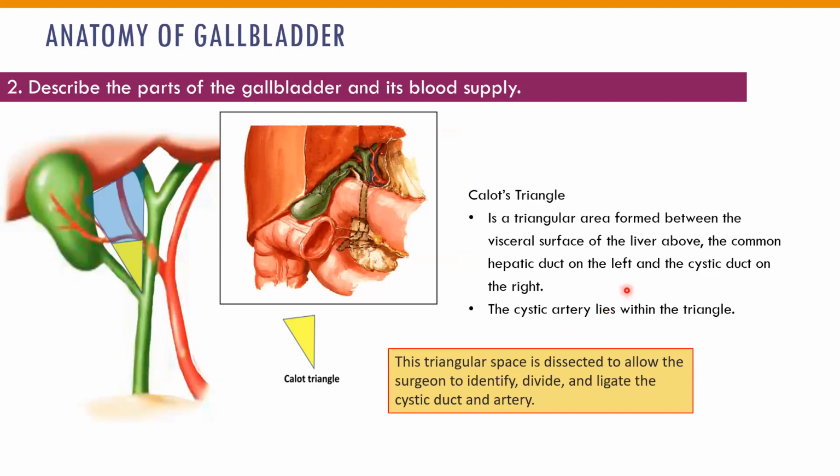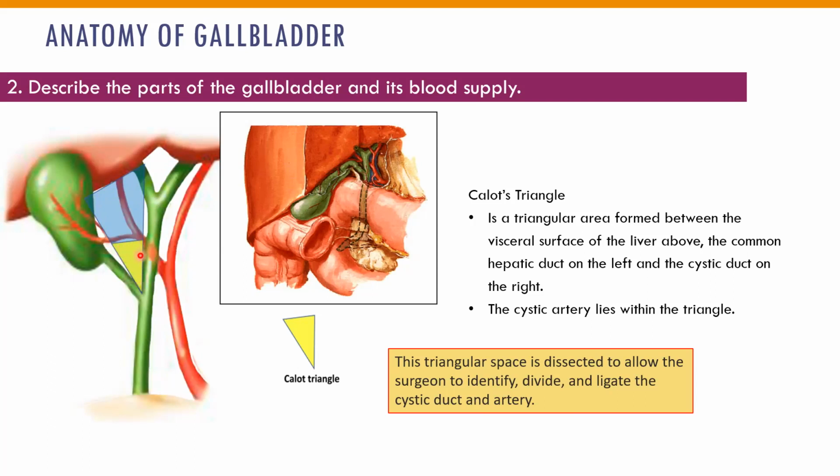Calot's triangle is a triangular area formed between the visceral surface of the liver above and the common hepatic duct on the right, and the cystic duct.